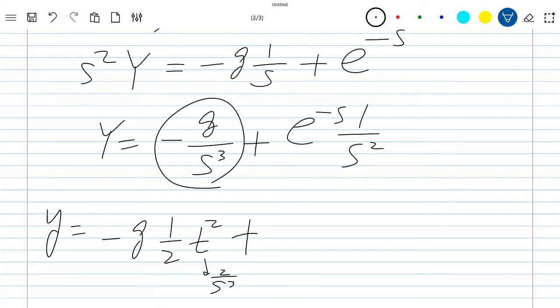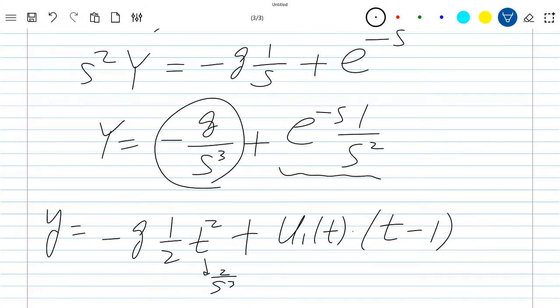Okay, so you will see this in step function. And what is that? So this will give you u1 of t. And how do we do this? This will give you t, remember? And the t will have to be shifted. So that's what you have. That's pretty simple. It's just this result.